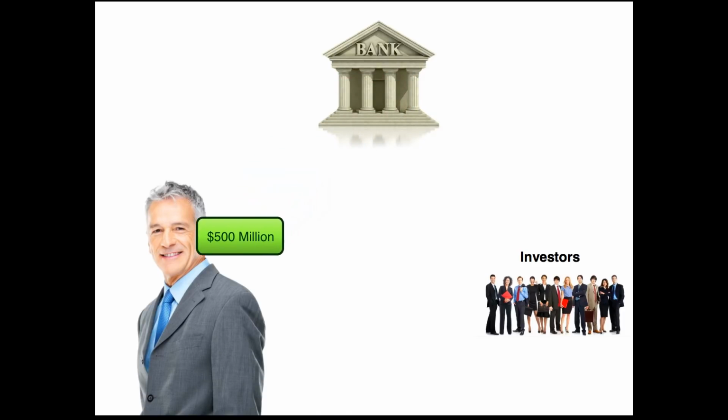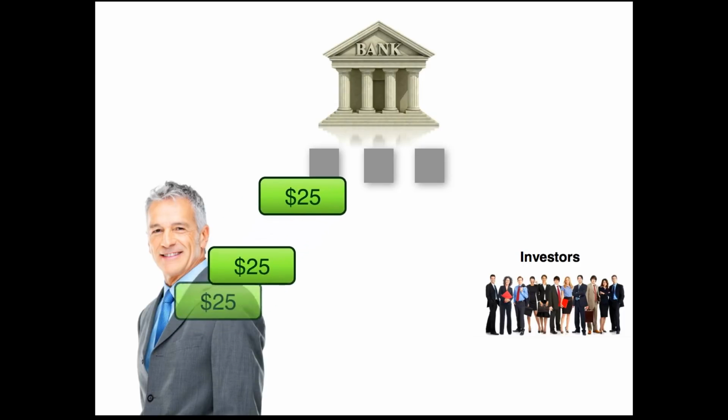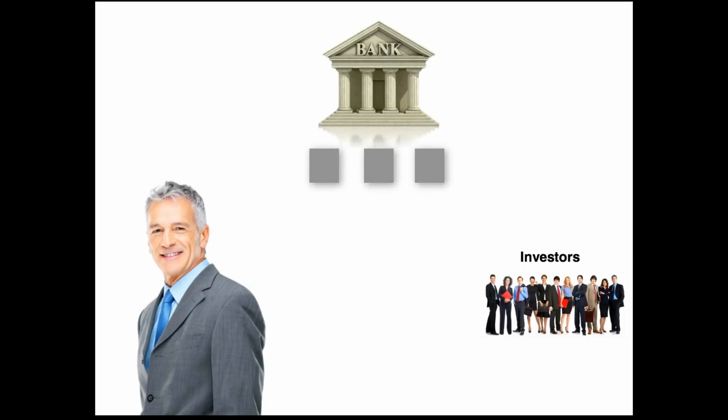So there you can see the money going right towards Jack. After Jack received the $500 million, the bank now has 500,000 bonds that they need to start selling to investors. Now, if they don't sell all the bonds initially and the bank continues to hold the bonds, then the bank would receive those 5% coupon payments.